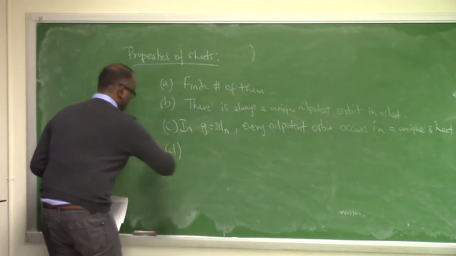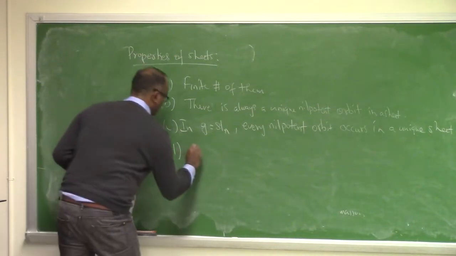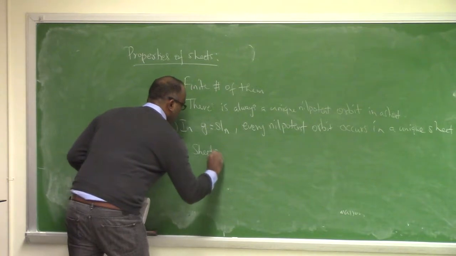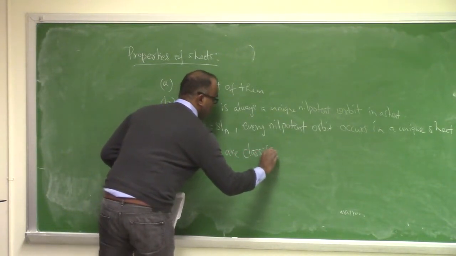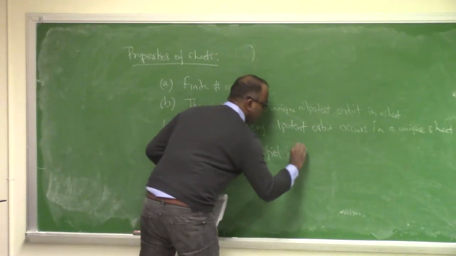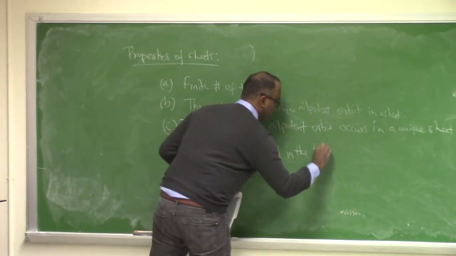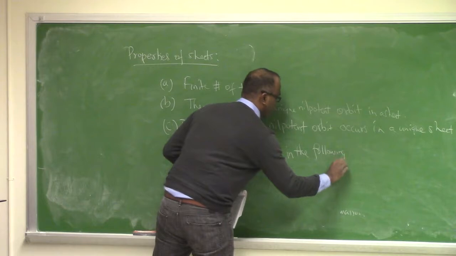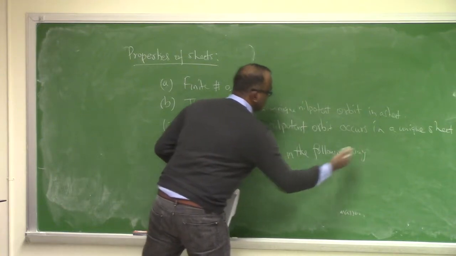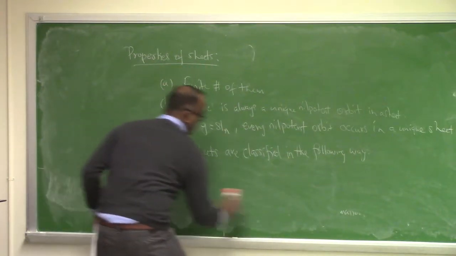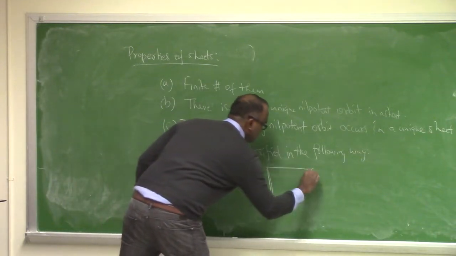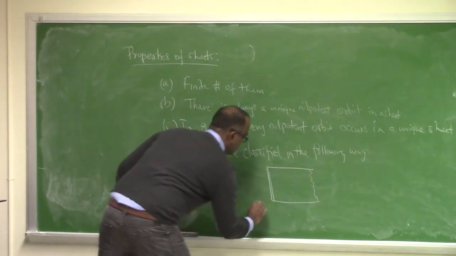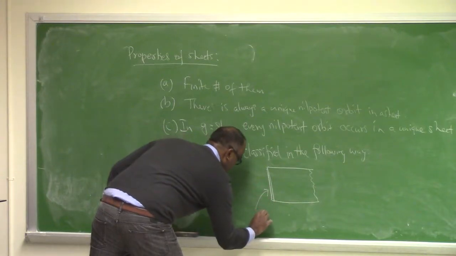More generally, if you want to classify all sheets, you do the following. So the schematic picture of a sheet is that at its boundary, I have something nilpotent.